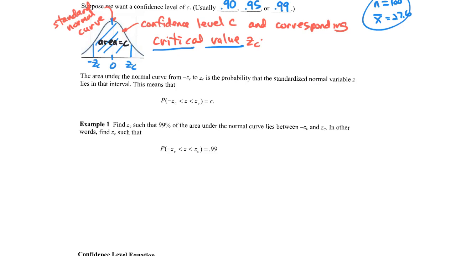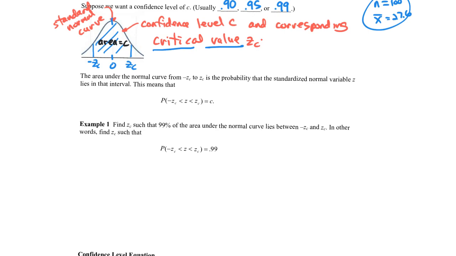So this is just saying that the area under the normal curve from negative z sub c to z sub c is the probability that the standardized normal variable z lies in that interval, which we've already seen, right? Between -2 and 2, if you have this shaded area between -2 and 2, we know that if you randomly choose a z-score from a normal distribution, there's about a 95% chance it's going to be between -2 and 2.